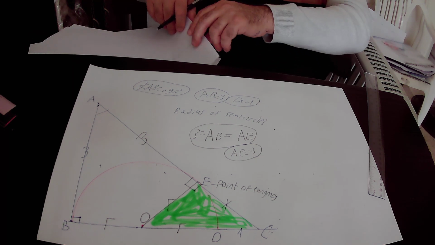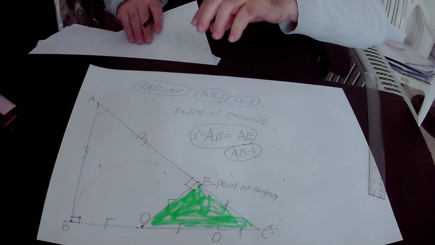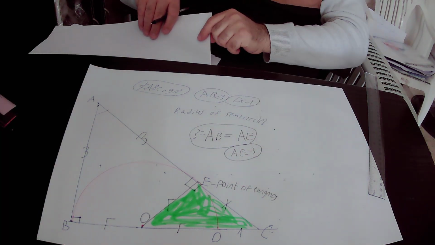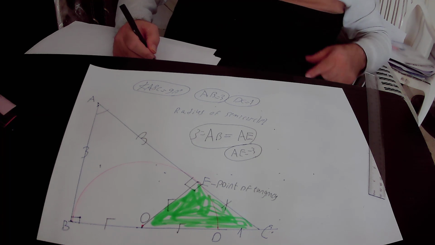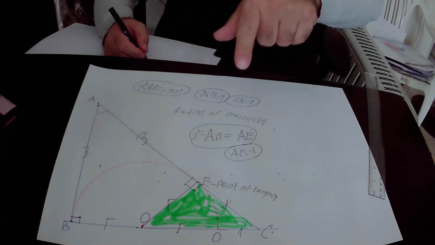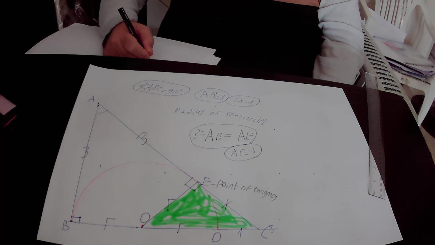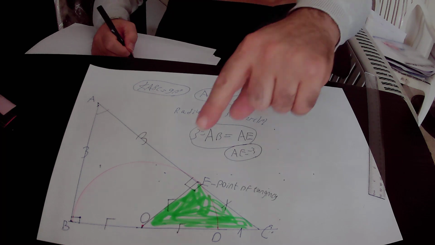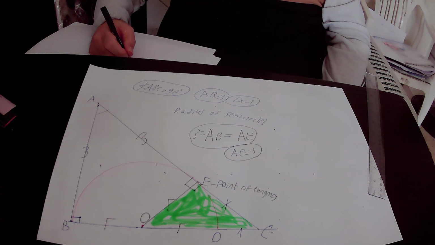So from the fact that triangle ABC is similar to the green triangle, triangle OEC, we will conclude that AB over AC in triangle ABC equals OE over OC in the green triangle, triangle OEC.